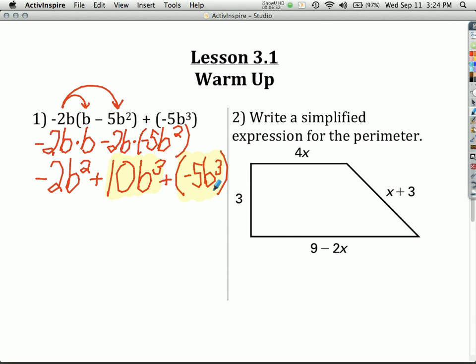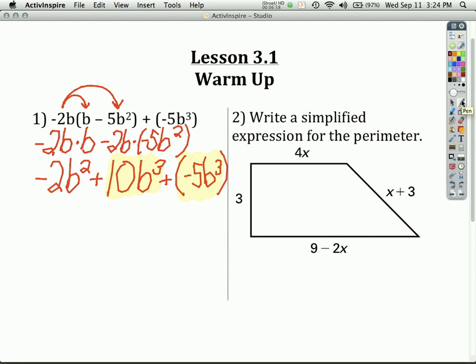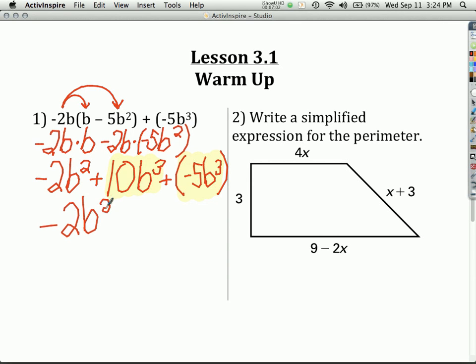Very well said. So now we have a positive 10 and a negative 5. We add those together and we get positive 5. So we've got negative 2b squared plus 5b to the third, and that is it.